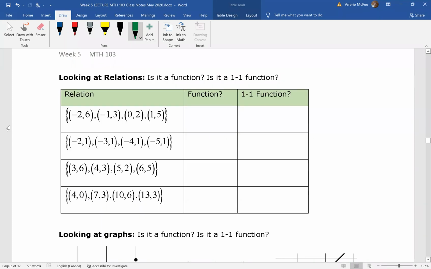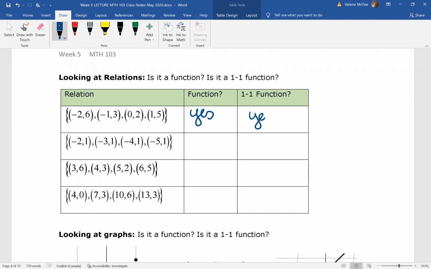So look at the first relation. Decide if it's a function, and then decide if it is also a one-to-one function. Yes, it's a function. X does not repeat. Is it a one-to-one function?